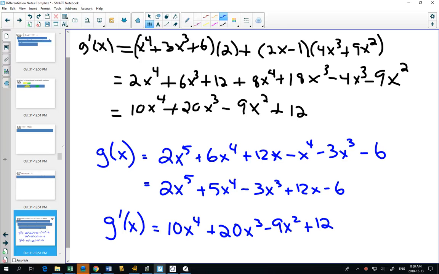So in this situation, I probably just would do the product rule first. But I guess it really doesn't matter. It's about the same amount of work whether you simplify first and then take your derivative, or take your derivative first and then simplify afterwards.